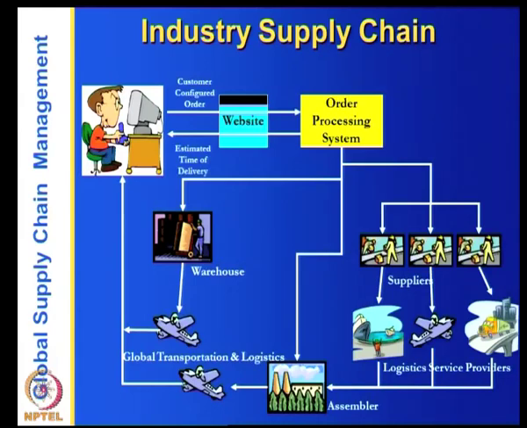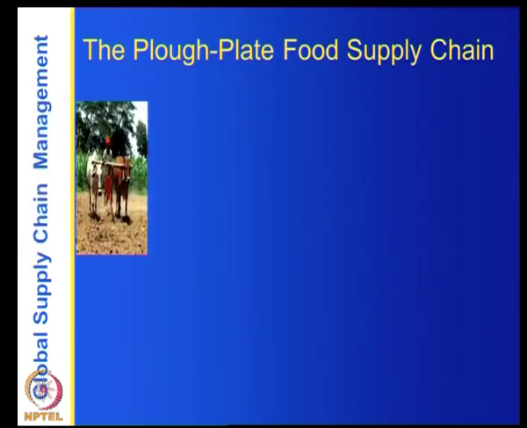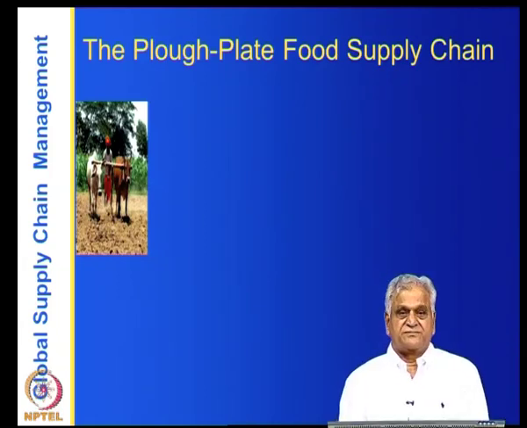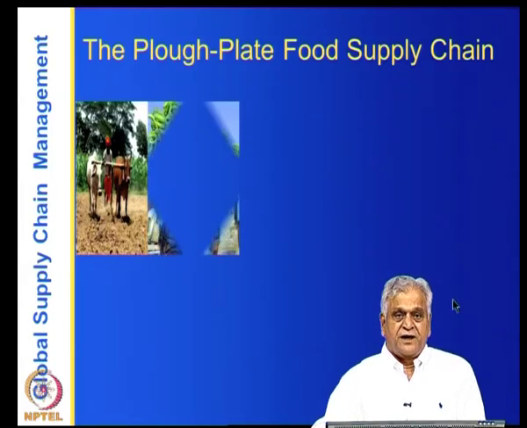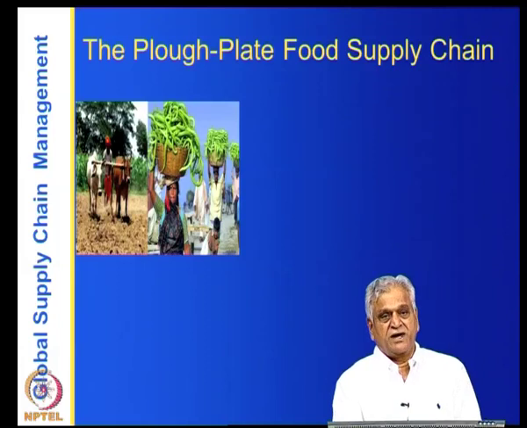There are three kinds of industry supply chains that are in vogue today. There is also the agriculture supply chain, which starts with the farmer. Farmers are the suppliers of agriculture products, and this is also called the plow to plate food supply chain.